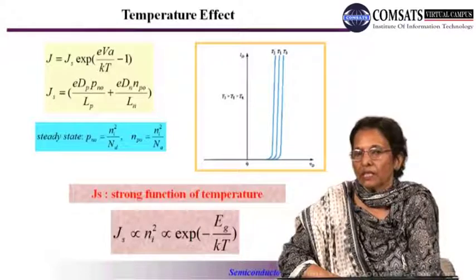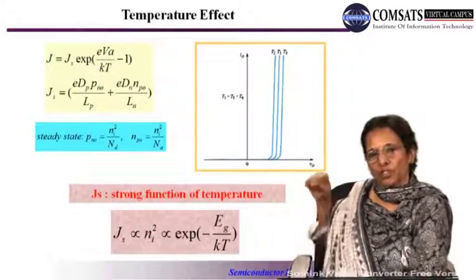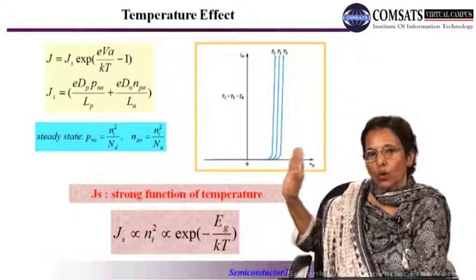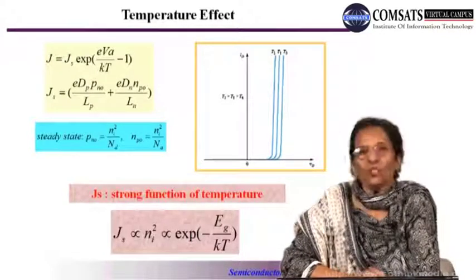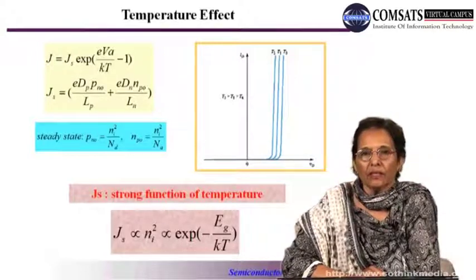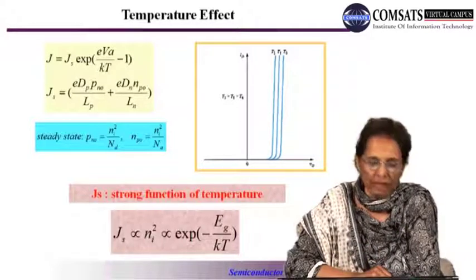So as temperature increases, the exponential rise in the current curve takes place at lower values of the applied forward potential.